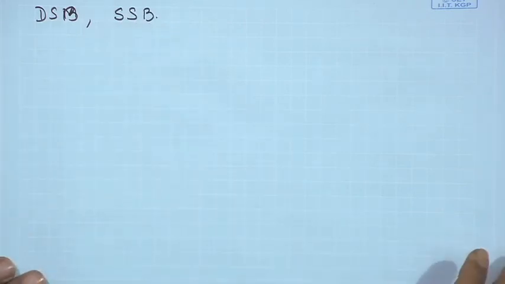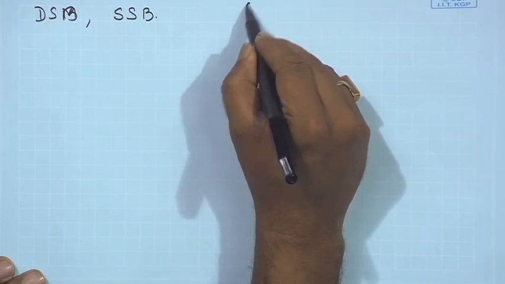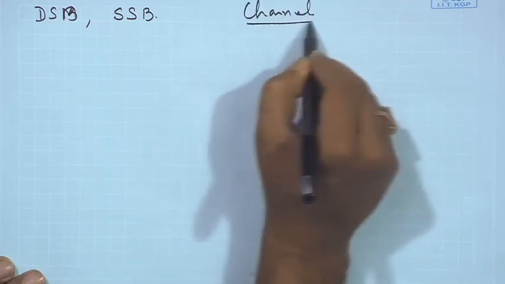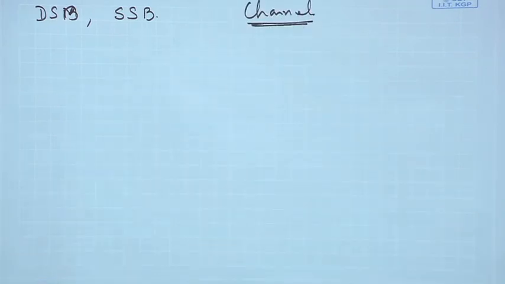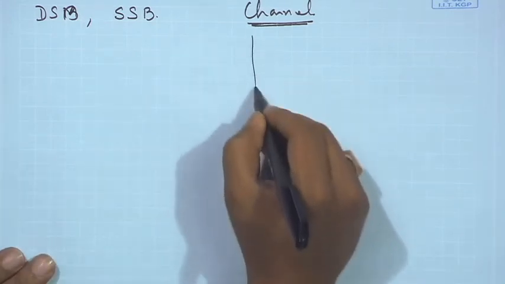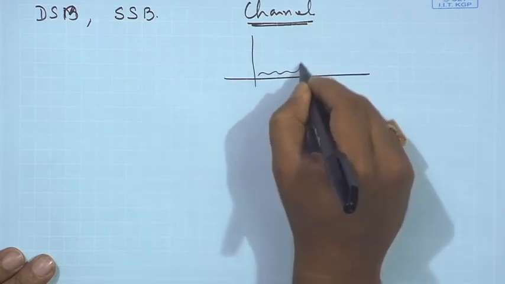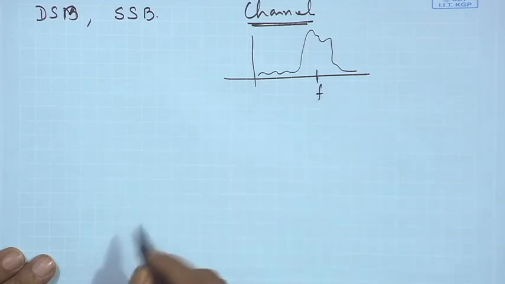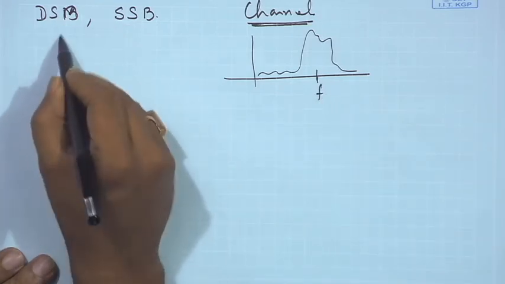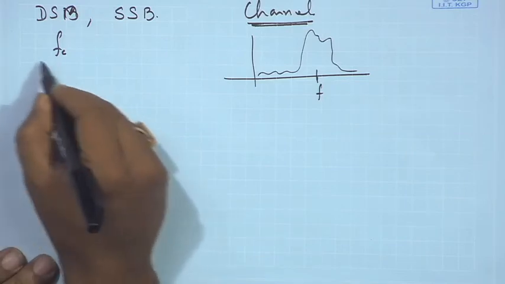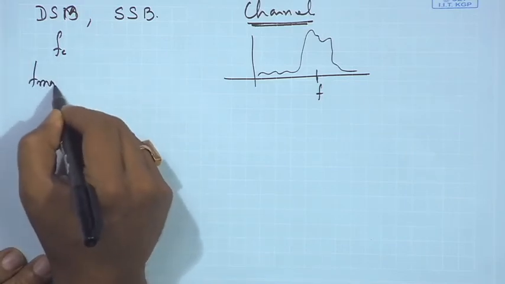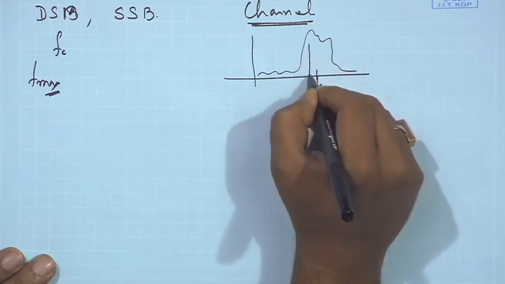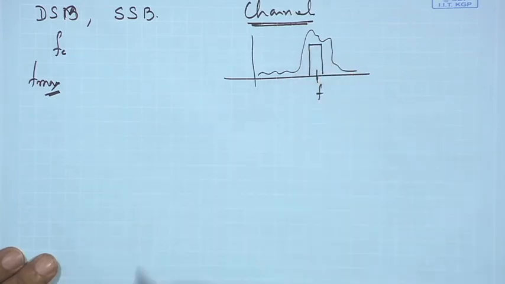Generally it is assumed that the channel allows a set of frequencies around a certain carrier. So, if the channel has a frequency response which is like this, we would generally design these signals in such a way that we choose a carrier f c and we allow f max of the modulating signal, so that it is completely contained within the pass band of the channel.